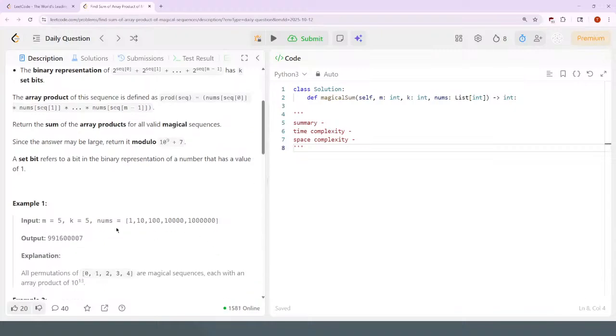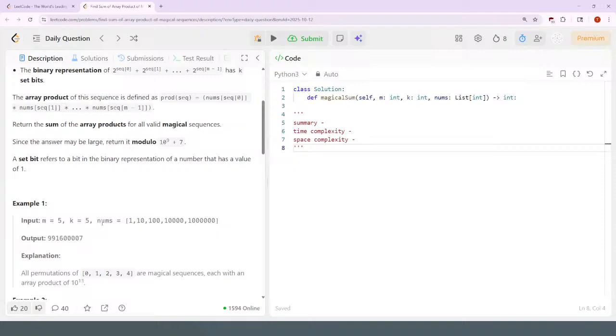So here nums is a 5-value array of basically powers of 10 from 1 to 100. No, 1, 10 is missing, 1,000 and 100,000. This looks like a million. Okay, output is that random thing.